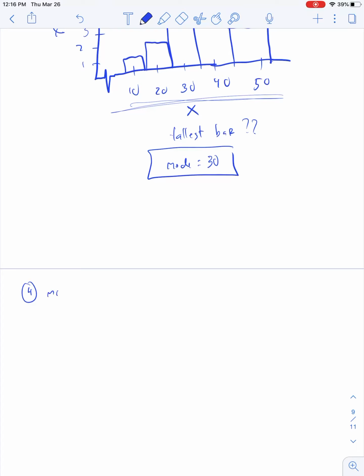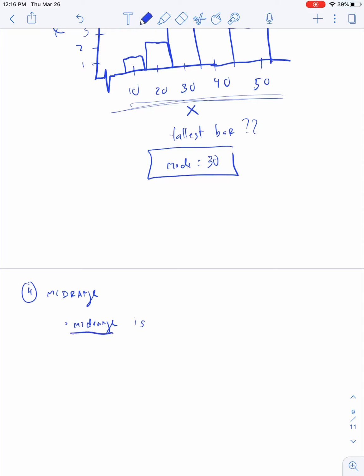And then the last thing that we have left, which is the mid-range. This mid-range is nice as well. Nice measure of central tendency.